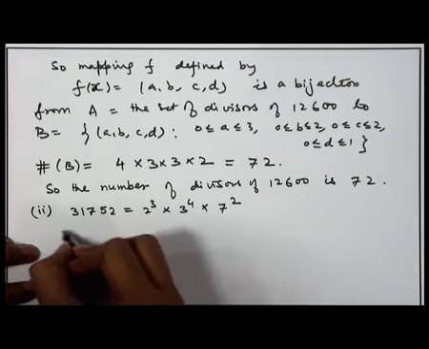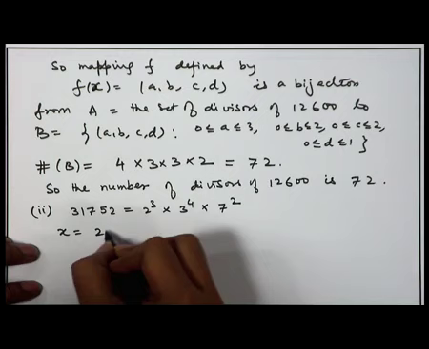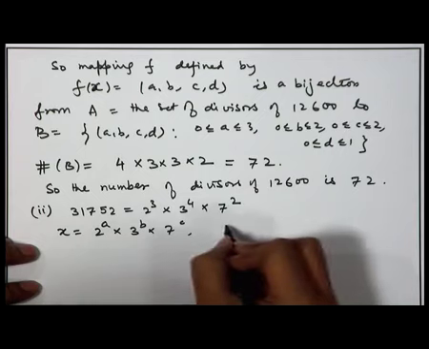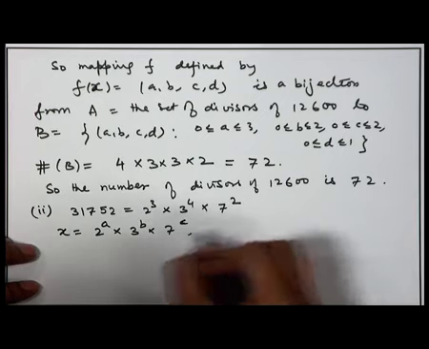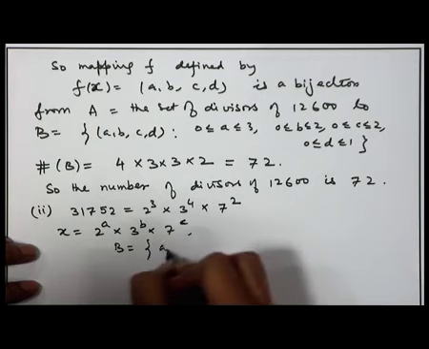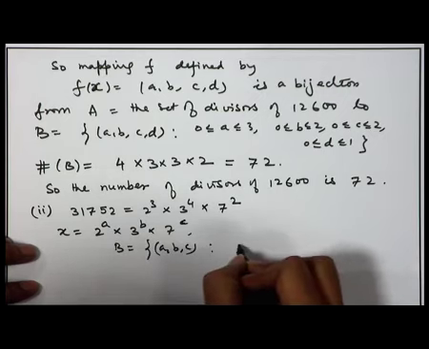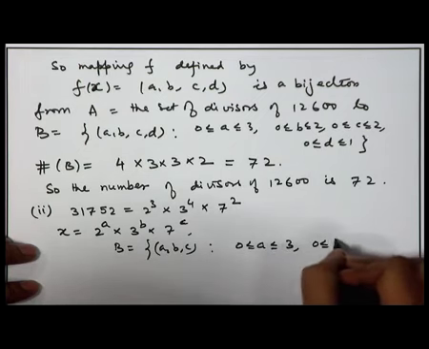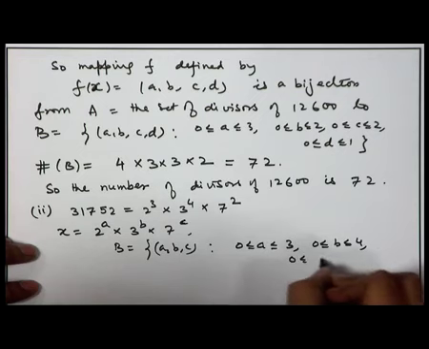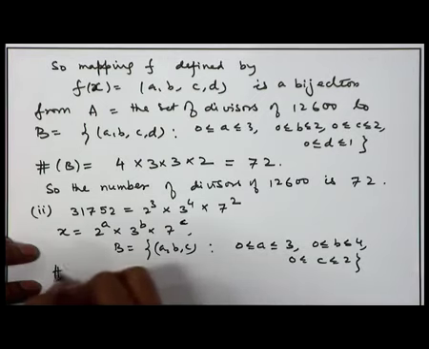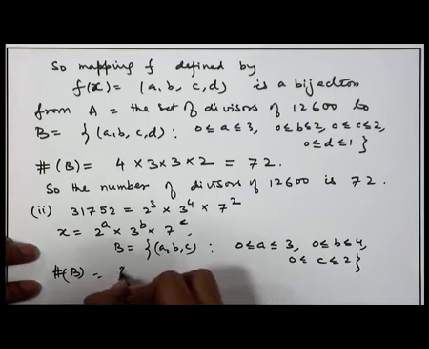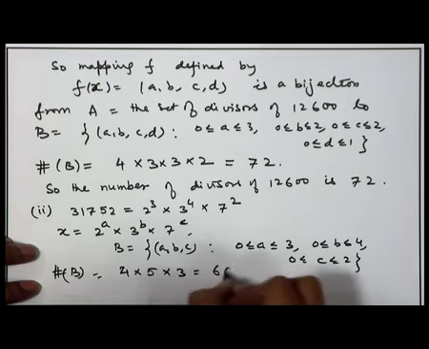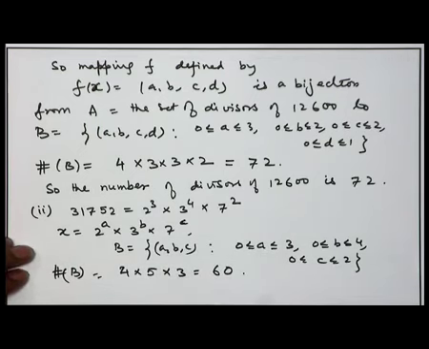So, if we consider x as 2 to the power A into 3 to the power B into 7 to the power C, then A, B, C will belong to 0 less than or equal to A less than or equal to 3, 0 less than or equal to B less than or equal to 4, 0 less than or equal to C less than or equal to 2. So, cardinality of B is 4 into 5 into 3, that is 60. So, that is the number of divisors of this.